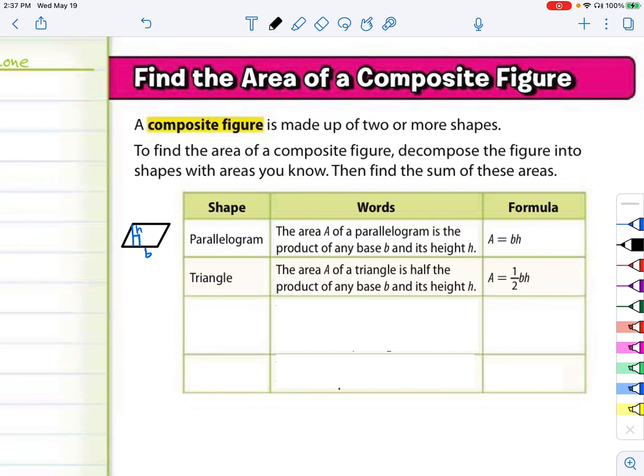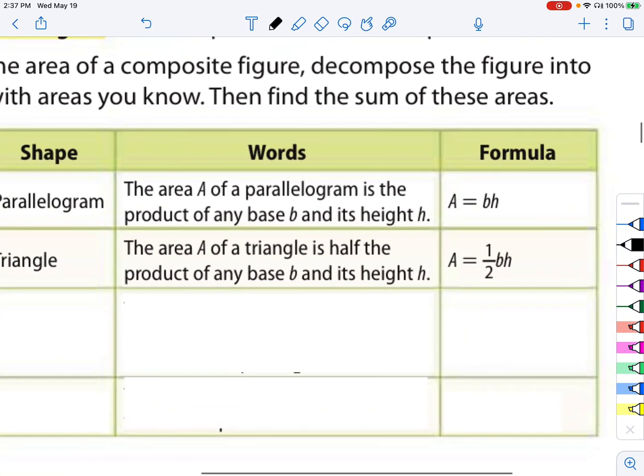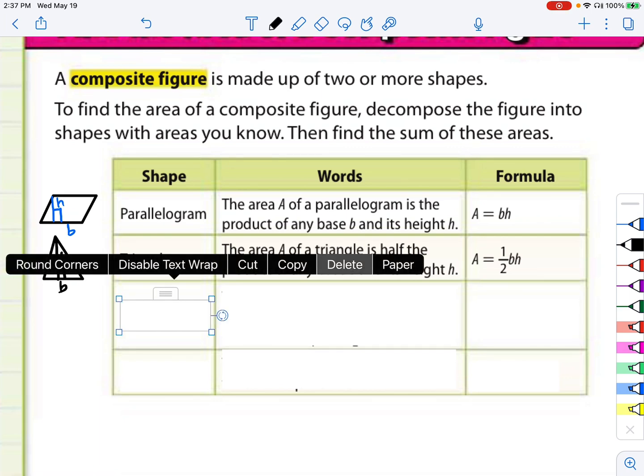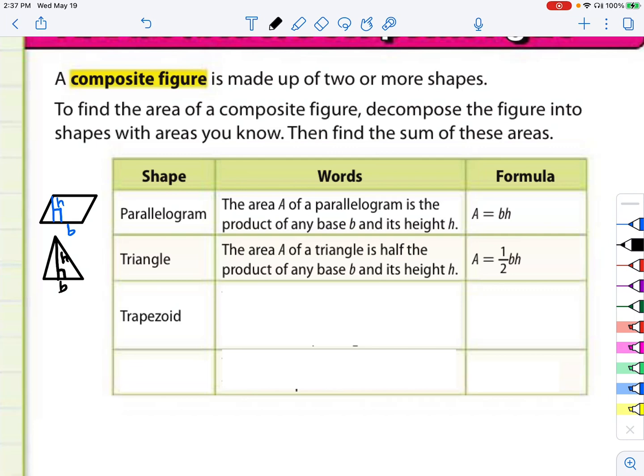If I draw a triangle, this is our base, and this is our height. This little square indicates a right angle. That's our height, and the formula is 1/2 base times height.